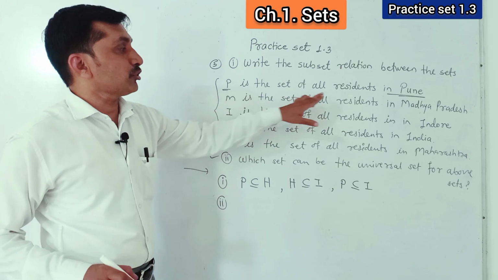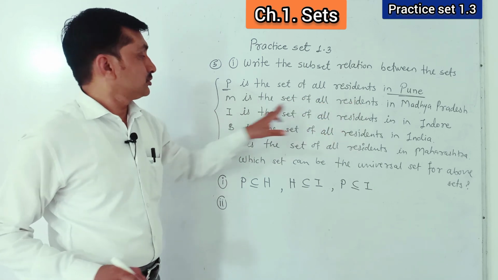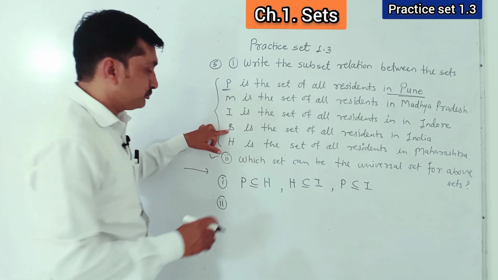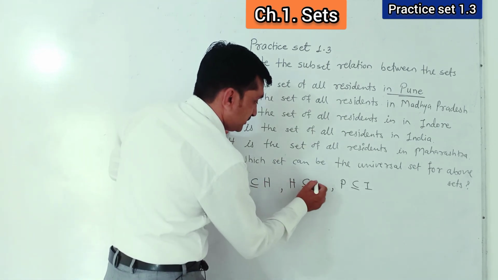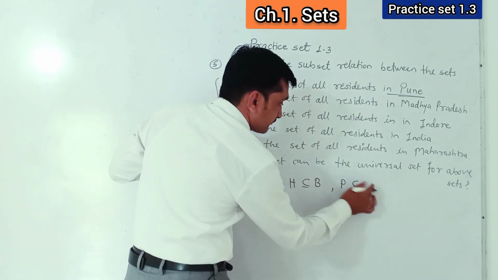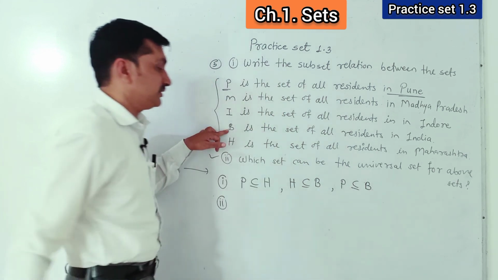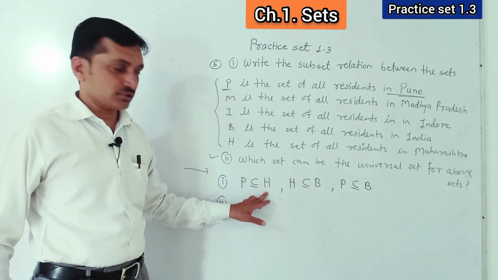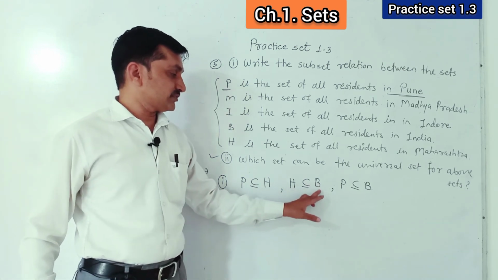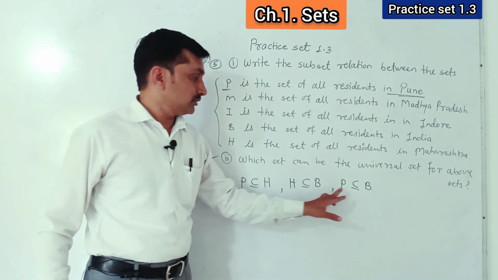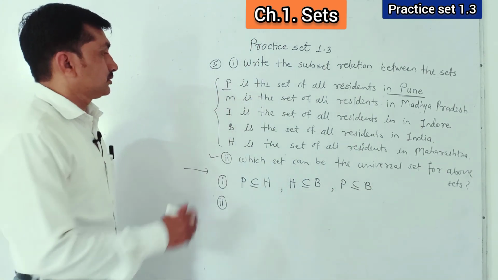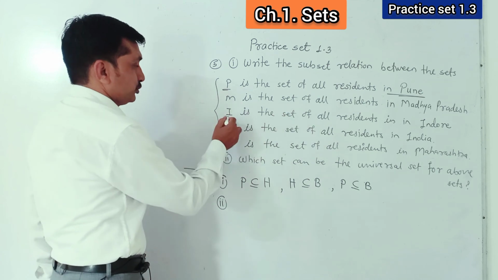Second, Madhya Pradesh now. M is the set of all residents in Madhya Pradesh. Here I is for Indore, B is for India. Pune is a subset of Maharashtra, Maharashtra is a subset of India, B is for India, and Pune is a subset of India. I is taken for Indore.